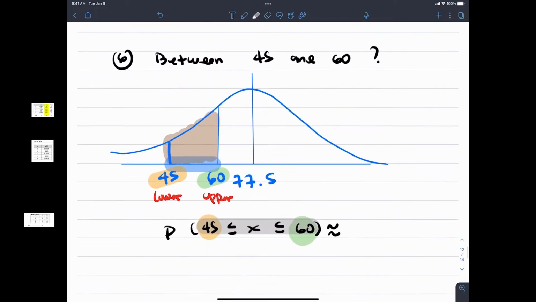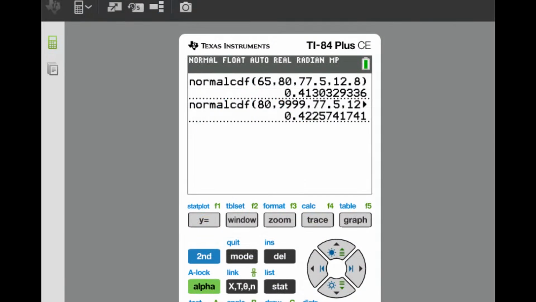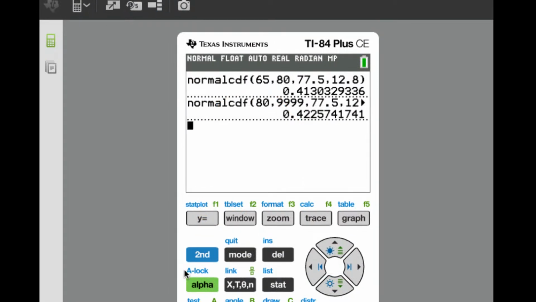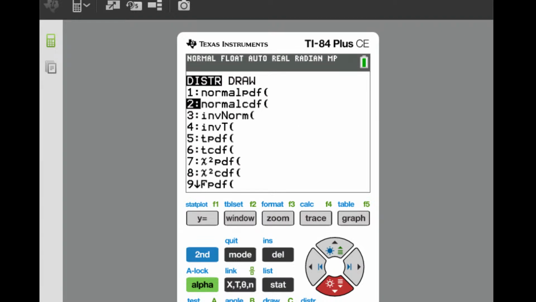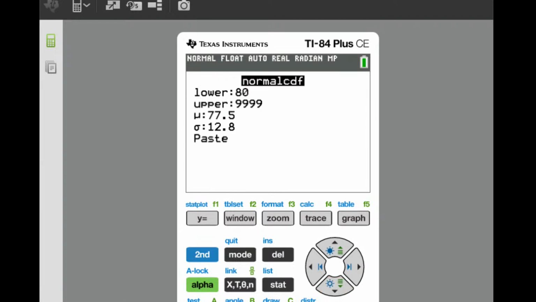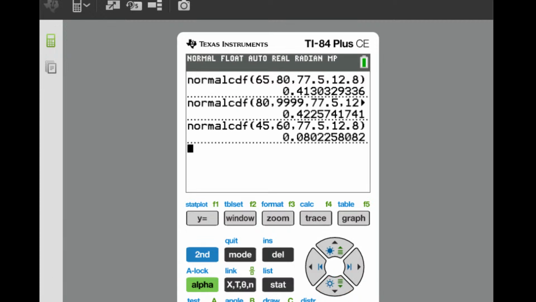So that's why it's kind of like you go, oh, wow. So it's a process, like I said, it's reading and process and following the instructions. Normal CDF, and so that lower value is what? 45, and what's the upper value? 60. It's the same mean, same standard deviation. And there you go.